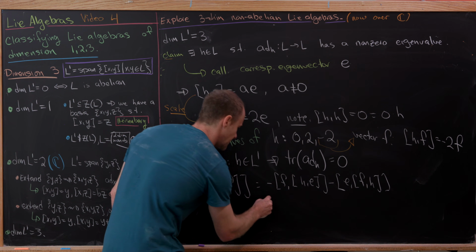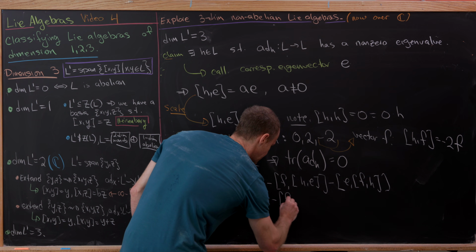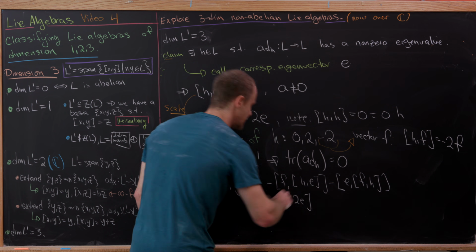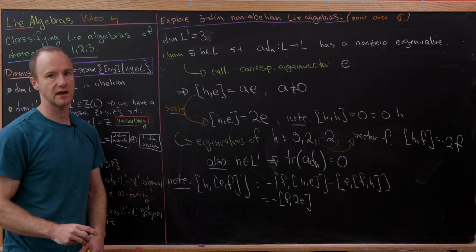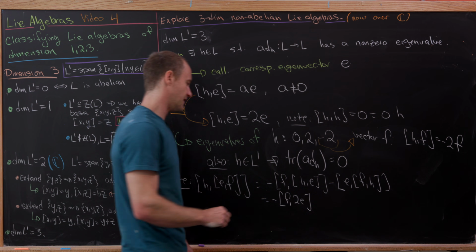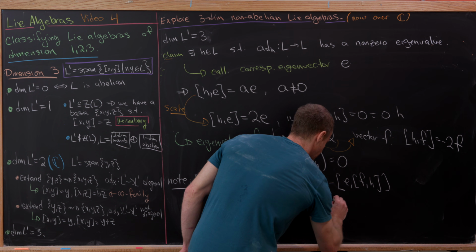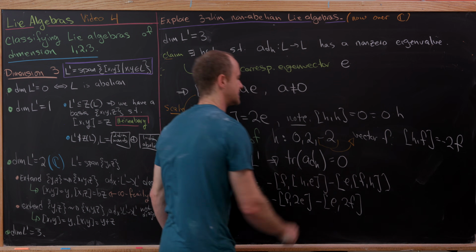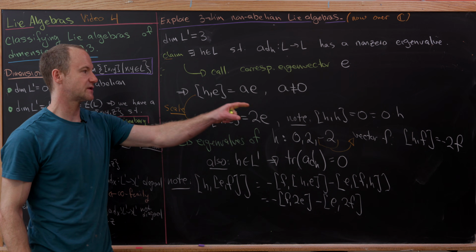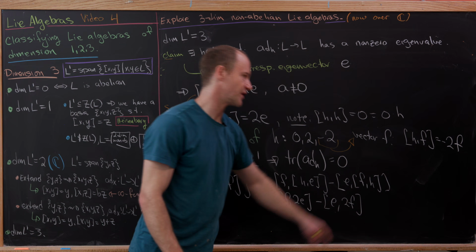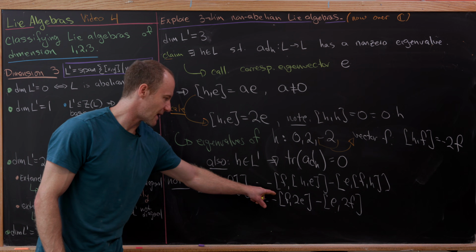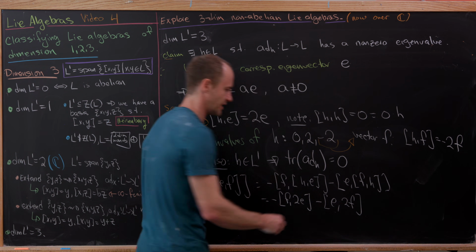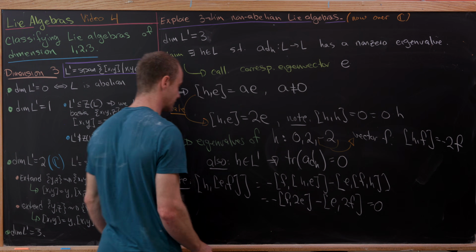Then this is going to be equal to negative the bracket of f with 2e, given the fact that [h,e] is equal to 2e. And then finally minus the bracket of e with 2f. That's because this is like reverse. We know [h,f] is minus 2f, but that means [f,h] is 2f. But now notice by bilinearity and the alternating property, this is going to turn into 0.